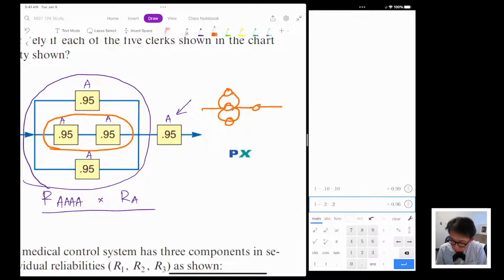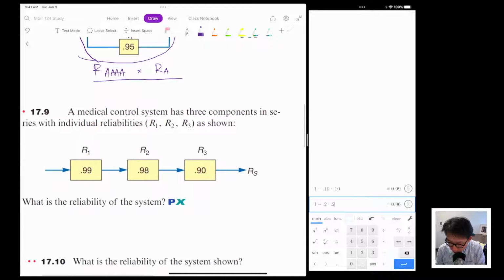And now you know what to do. You have to simplify this as a system with two backups, or redundant parallel. Redundancy is basically backup, isn't it? Anyway, I'm just complaining that your textbook has given very confusing names. So that's the solution strategy for this problem.